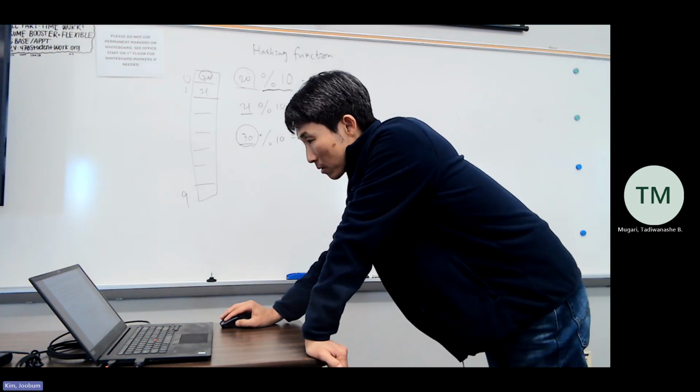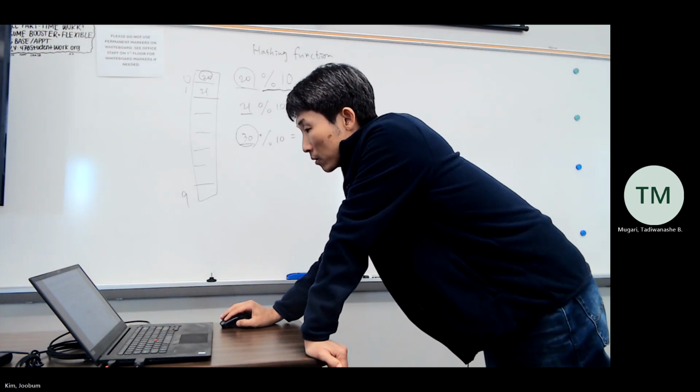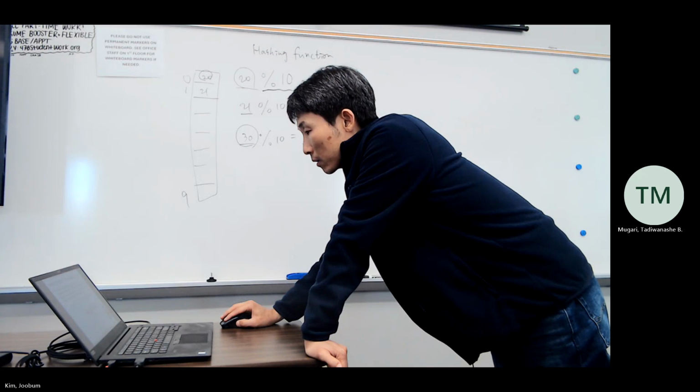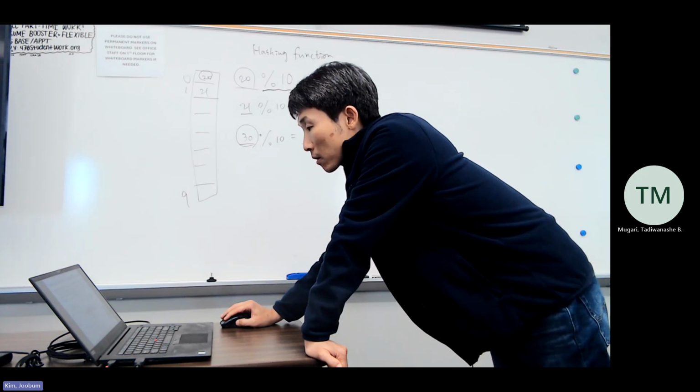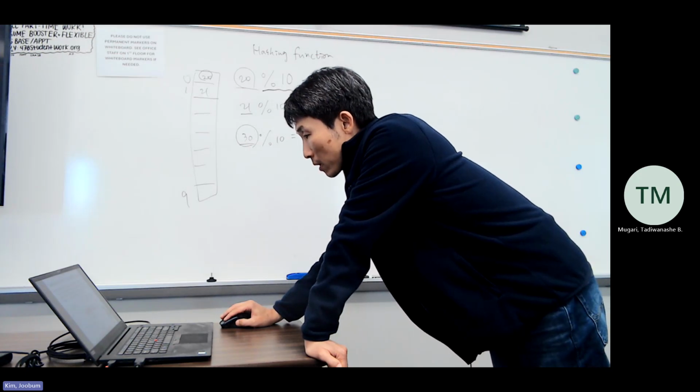So this is index 4, the first element indicating the key value 4. If a conflict occurs, the next element indicates the second key, 26.